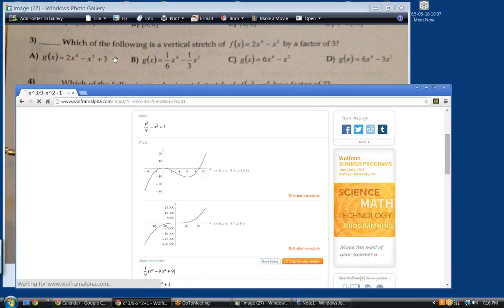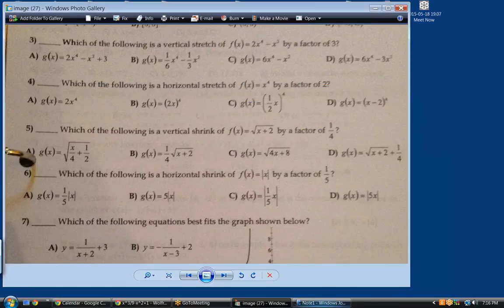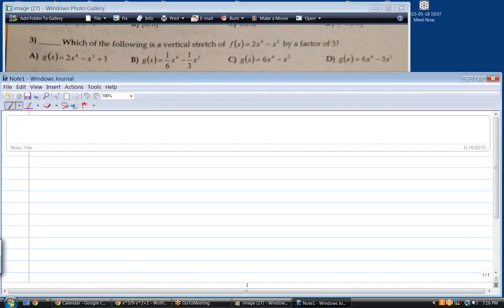This one here: which of the following is a vertical stretch of this function by a factor of 3? Well, we don't need to graph this. If f of x equals whatever it equals, and I vertically stretch it by a factor of 3, what do I want to do to f of x?